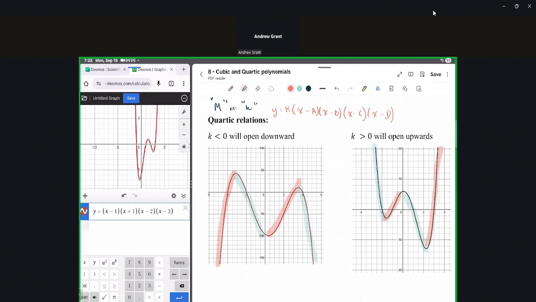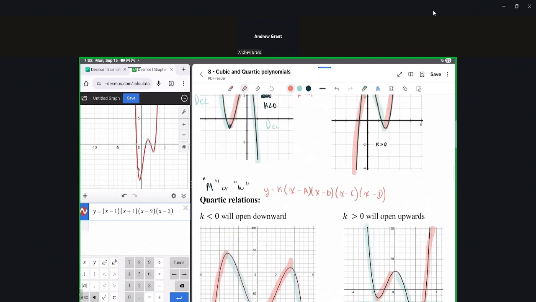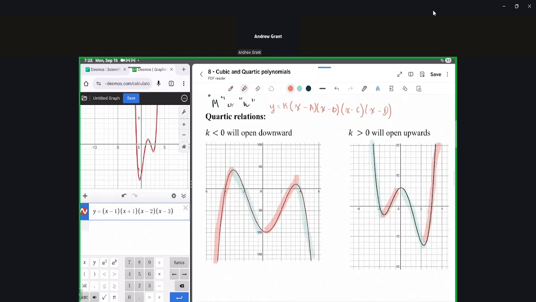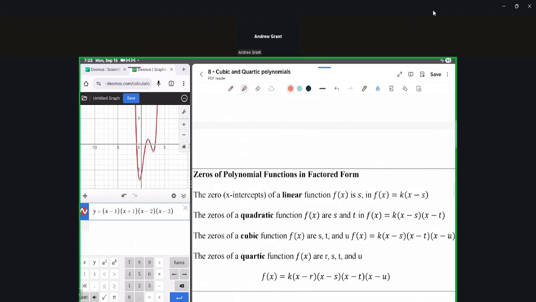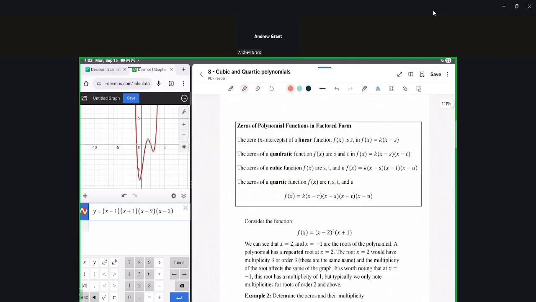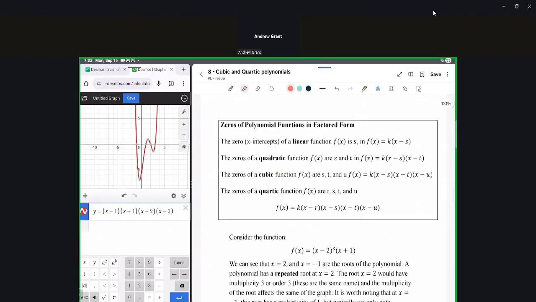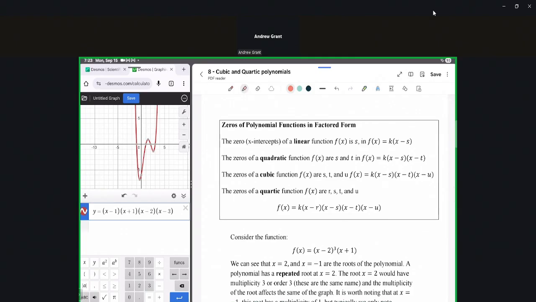Okay. So far up to this point, I've only covered cases where we had single factors of x. Meaning, if you notice on the left, all of these individual x-intercepts are different. But that's not always going to be the case. So in general, the zeros of polynomials in factored form are as follows.